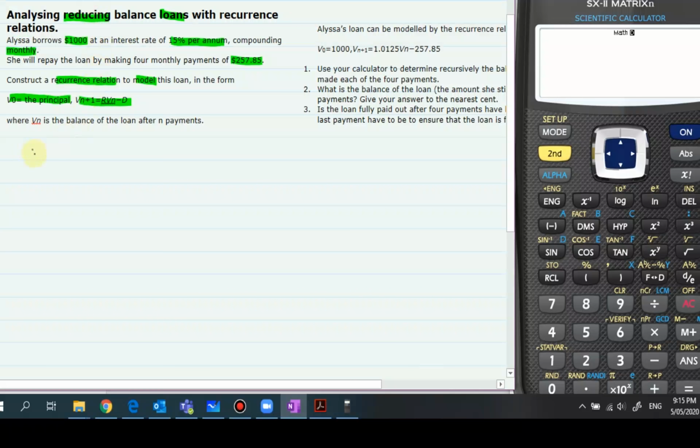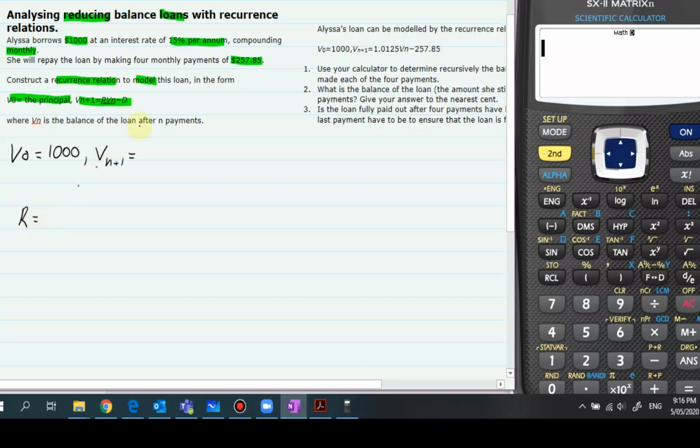Okay, so let's make a start on this one. So V0: how much did Alyssa borrow first? That is $1,000. And Vn+1 is equal to R, so we need to find R, the rate of change.